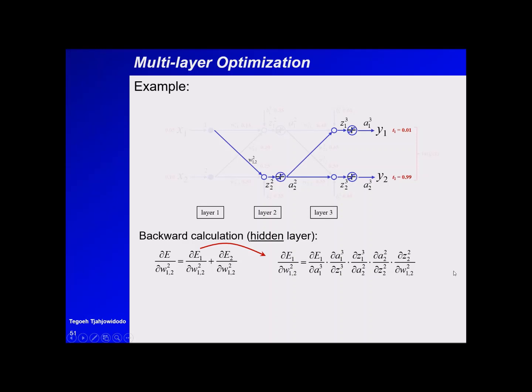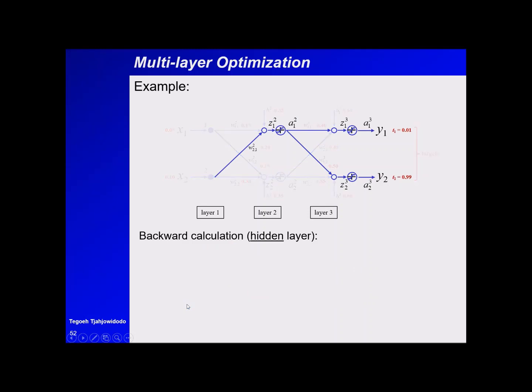So again, another chain rule here. You do it again for the second term, the effect of W122 to the second error, and after you sum these two, you will get the updating factor for W122.